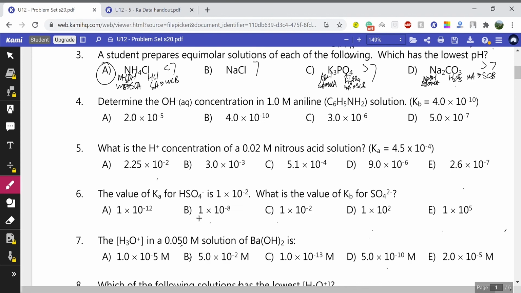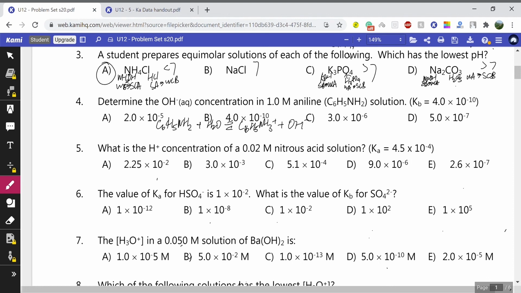Next we need to determine the OH concentration in 1.0 molar C6H5NH2, and it gave us the Kb. That's great. So we have C6H5NH2 plus H2O in equilibrium with C6H5NH3 plus and OH minus.